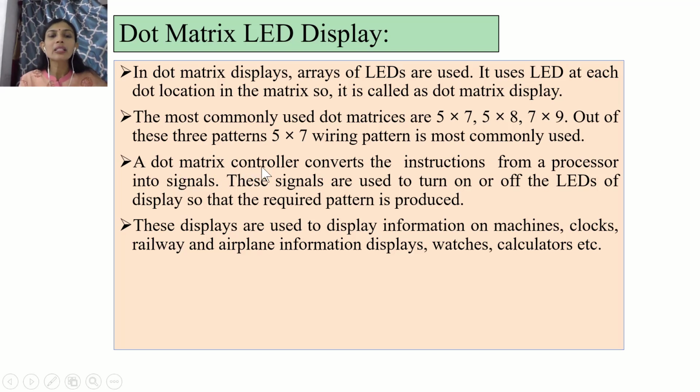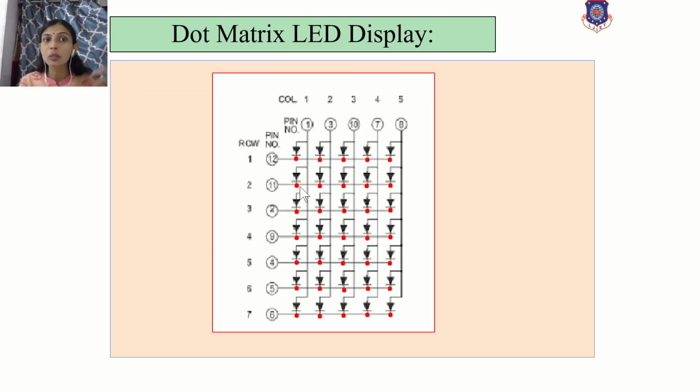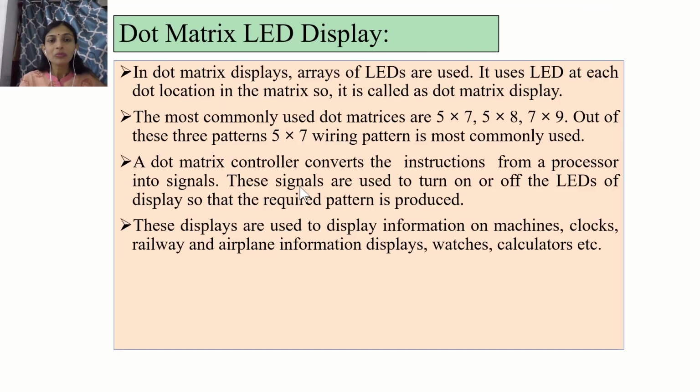A dot matrix controller converts the instructions from the processor into signals. So this is the working. Actually, the main thing is what the construction is, which component is used, how it is connected, and next you will think about the working of this component and device. So what will be the working of the dot matrix LED display?